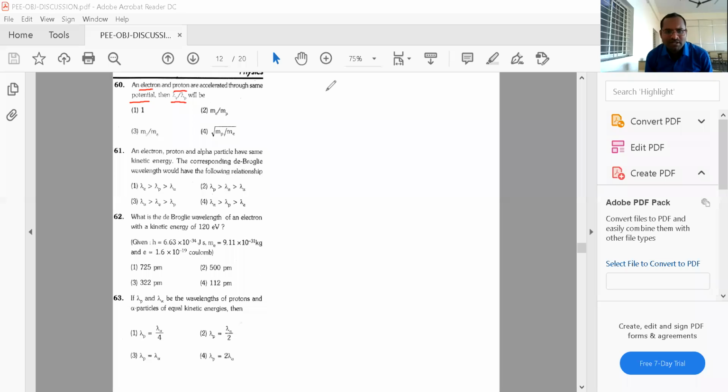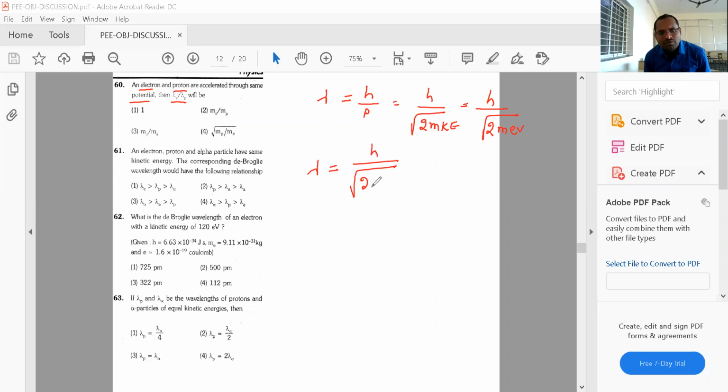We know that lambda is equal to h by momentum, and it can be written as h by root 2m into kinetic energy, and kinetic energy can be written as electron volt. So lambda will become h upon root 2m EV, the charge of that particle into the potential difference.